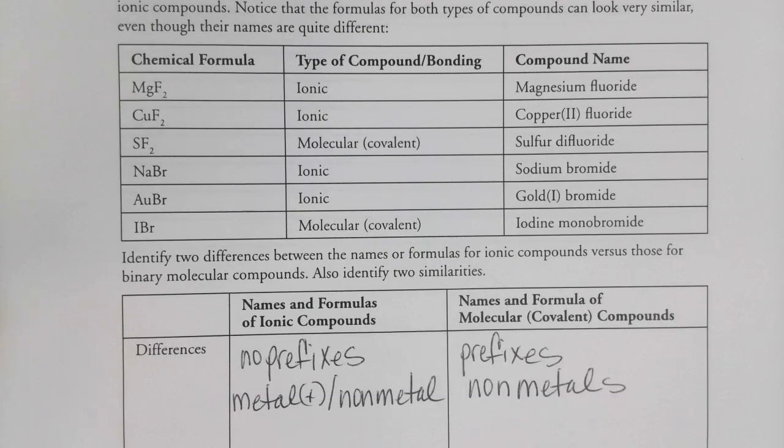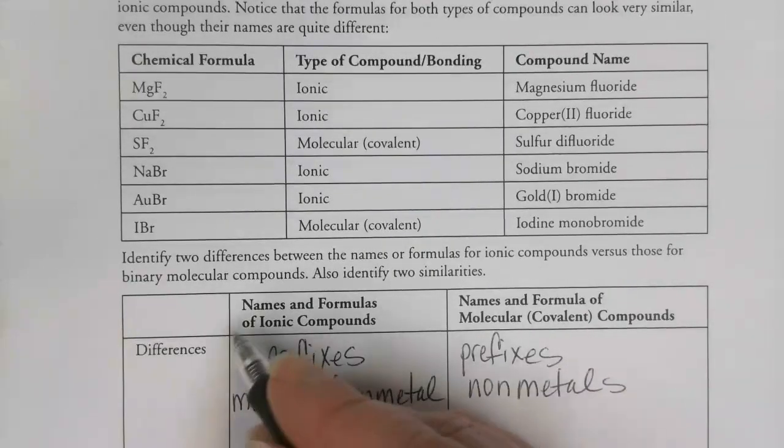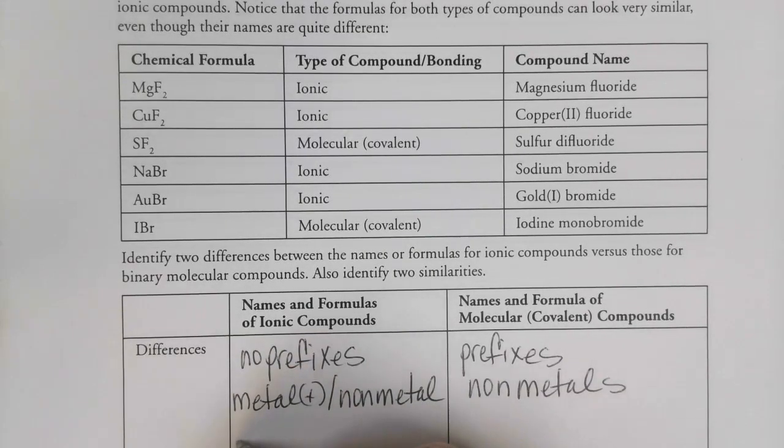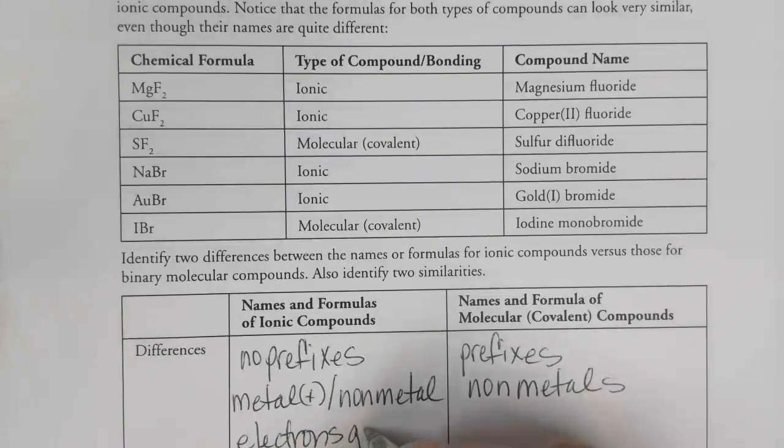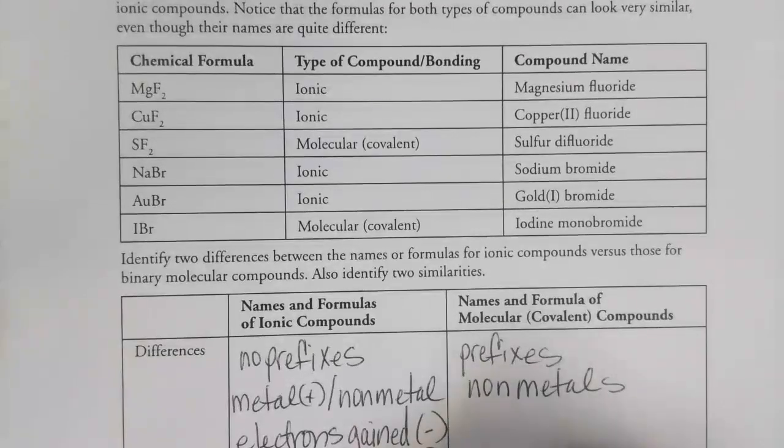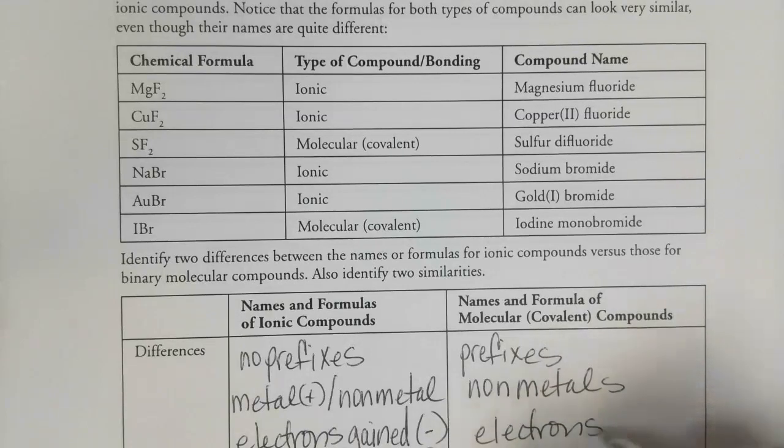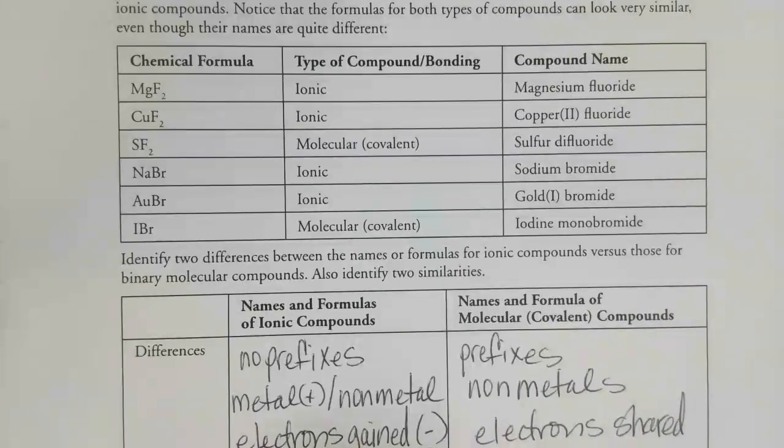So instead, they have to share. Okay, so in ionic compounds, electrons are gained, and those would be negative ions, or lost, those would be positive ions, which are metals. Okay, and over here, electrons are shared. They overlap their valence and they're shared.